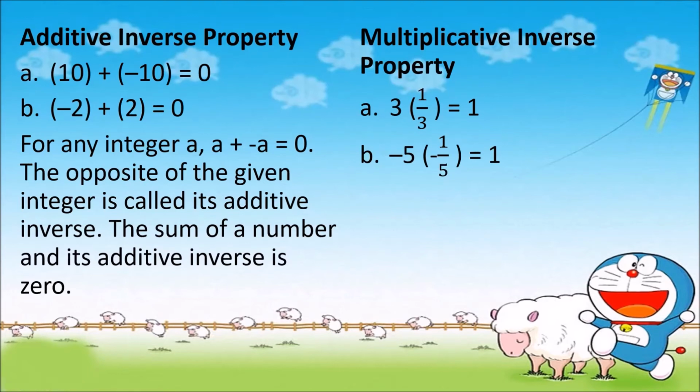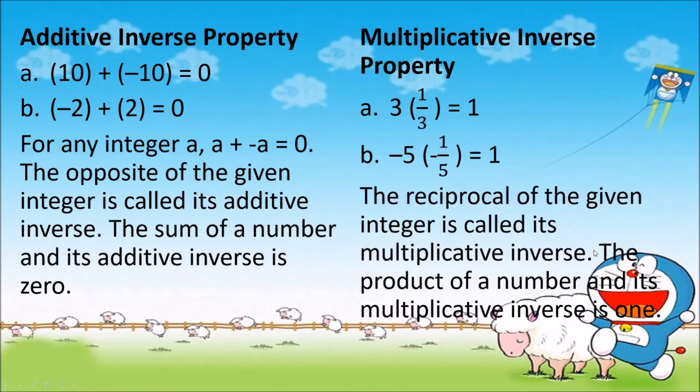Negative 5 over negative 5 is equal to 1. Then the reciprocal of the given integer is called its multiplicative inverse. The product of a number and its multiplicative inverse is 1. And that is multiplicative inverse property. So I hope maliwanag po ang tinatawag nating additive inverse property and multiplicative inverse property sa bawat isa.